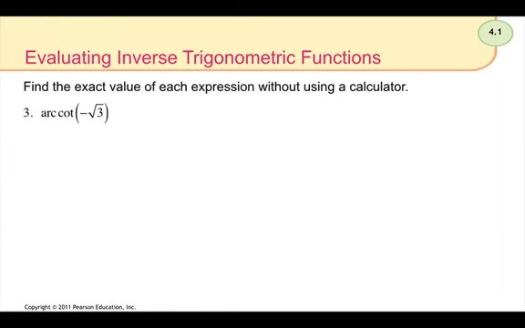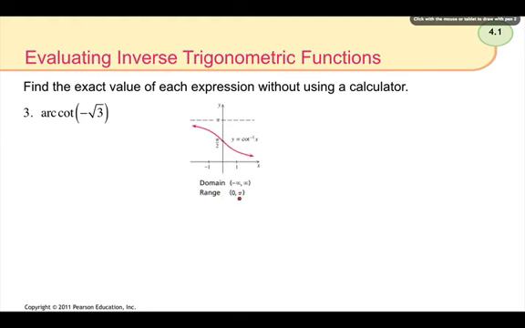So here's number 3. Same directions as number 1 and 2. So what is this asking you to find? Again, this is asking for an angle, and these are going to be the restrictions that we have for cotangent inverse. And notice that the domain is any real number.